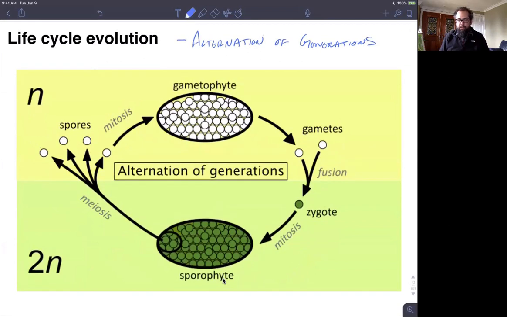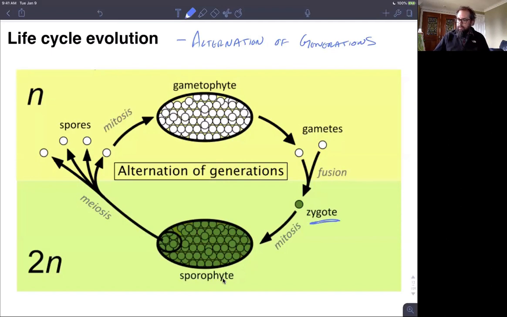And so you'll see this oftentimes drawn like this. I will show you multiple different types of life cycles to try and drive this home a little bit. But I'll start from a point that most of us are familiar with in terms of life cycles of other organisms or other eukaryotes. And that is with the formation of the zygote.